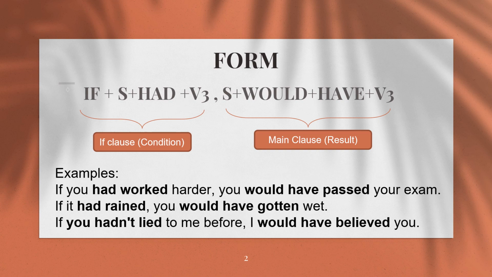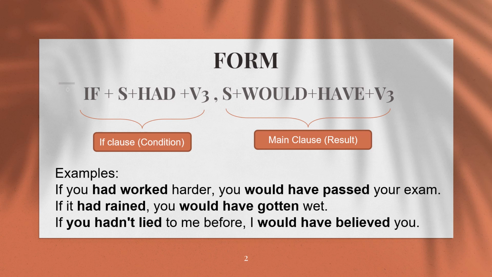In the if clause, we find if and then subject you and then had plus verb 3 worked from the verb 1 work. While in the main clause, we have subject you and then would have plus verb 3 passed from the first verb pass.